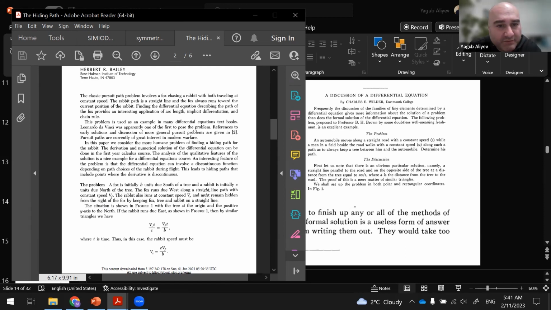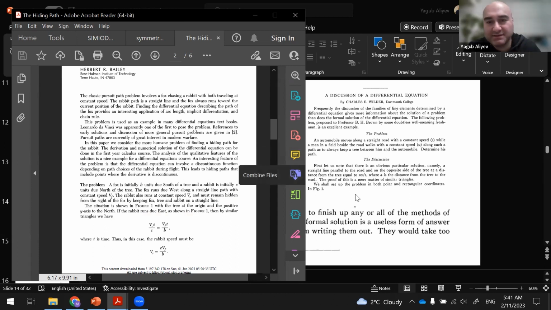The fox runs due west along a straight line path with constant speed v. The rabbit also runs at constant speed v and must remain hidden from the sight of the fox by keeping fox, tree, and rabbit on a straight line. So you can check that it is equivalent to the question that this Wilder paper discusses.